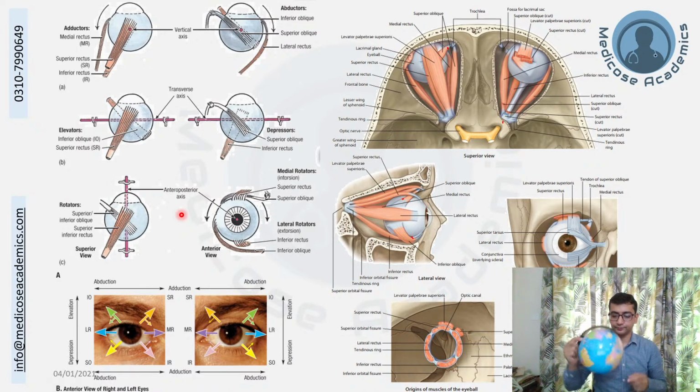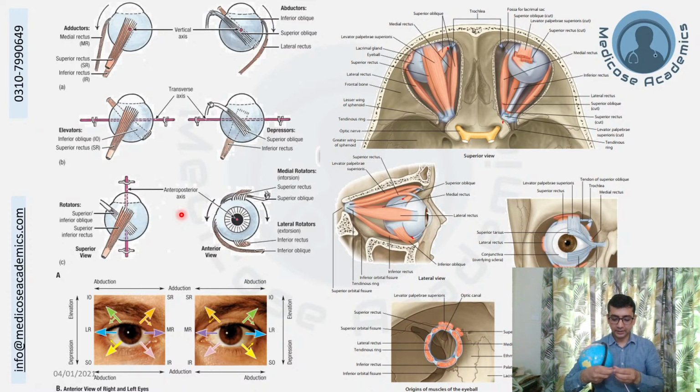This is depression. When talking about the vertical axis, the inferior rectus will help you look, can you guess it before I do it? Medially. It helps you look towards the medial aspect. It helps you do adduction.